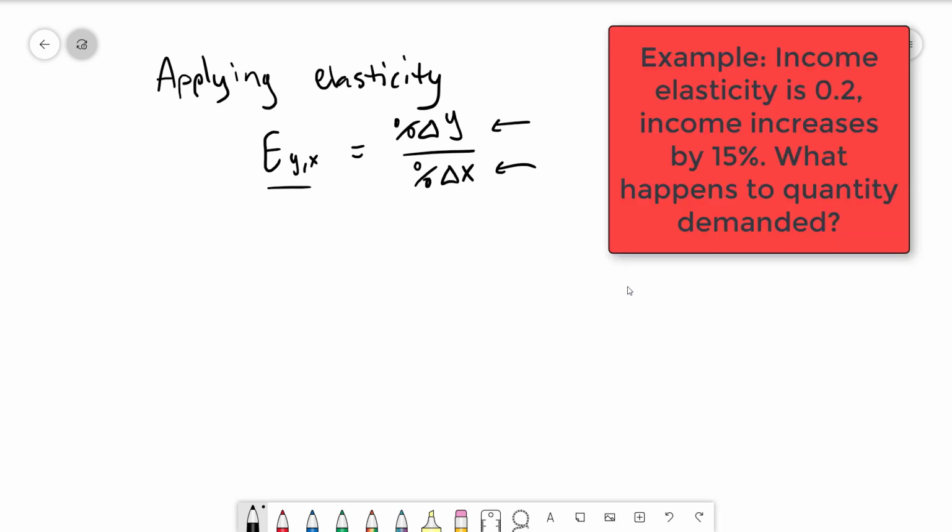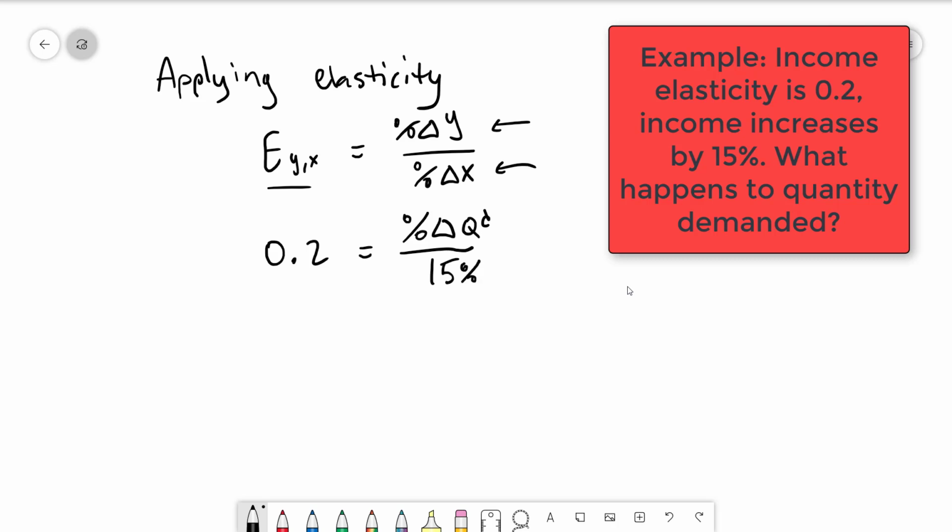For example, suppose we know the income elasticity of demand is 0.2, and the income increases by 15%. We can use this information to figure out what will happen to the quantity demanded. The income elasticity is 0.2, and that's equal to the percent change in the quantity demanded, which we don't know yet, divided by the percent change in income, which we know is 15%.